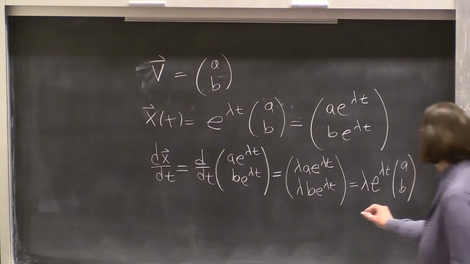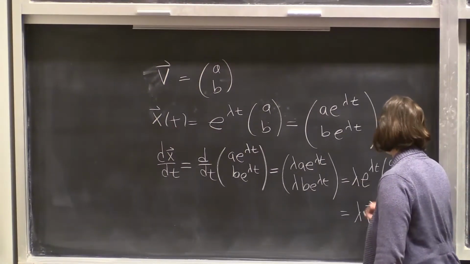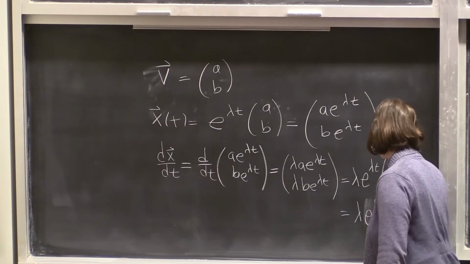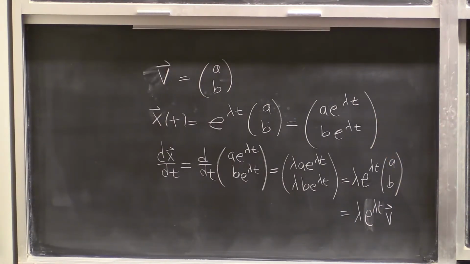So this is lambda times e^(lambda t) times v. So we just figured out that dx/dt is equal to lambda e^(lambda t) times v. I wanted to do that slowly because people are not always comfortable differentiating vectors.